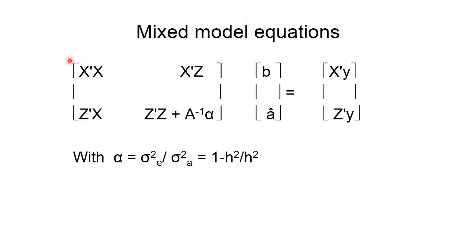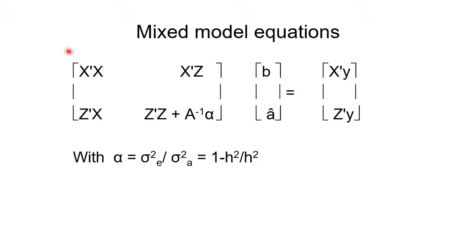X prime X is simply telling us how many observations there are per contemporary group or per fixed effect. So if we take the example that we just used up till now, can be a different one, but let's use the example where we have 2 sexes and three farms with male and female calves at each farm. The very first element on that diagonal will be the number of observations of sex 1.